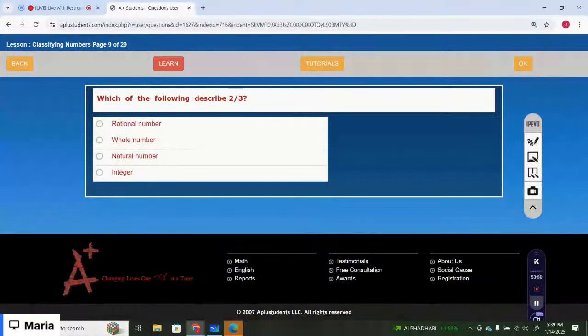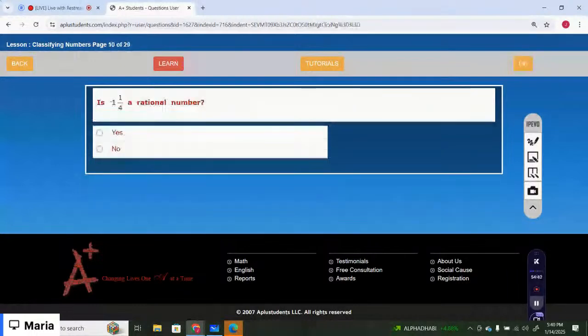Which of the following describes 2 by 3? Rational number it is. Option number 1 is the correct option.